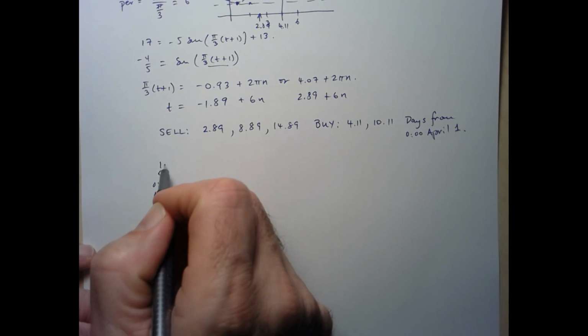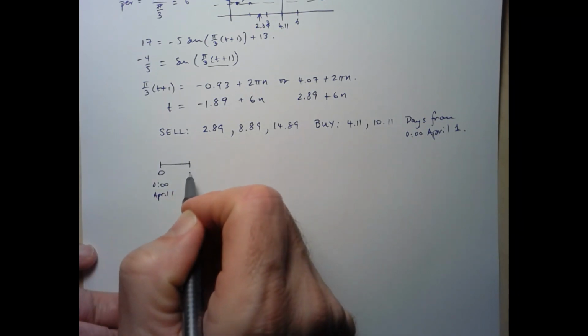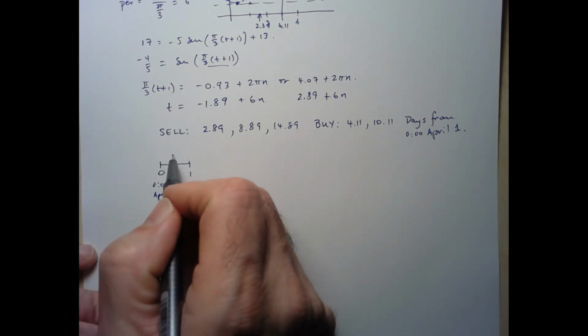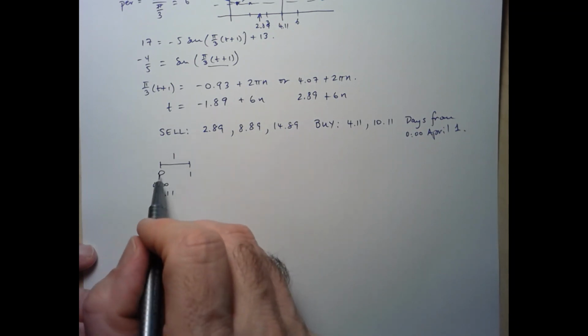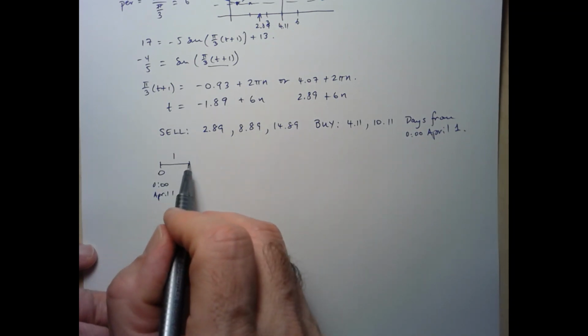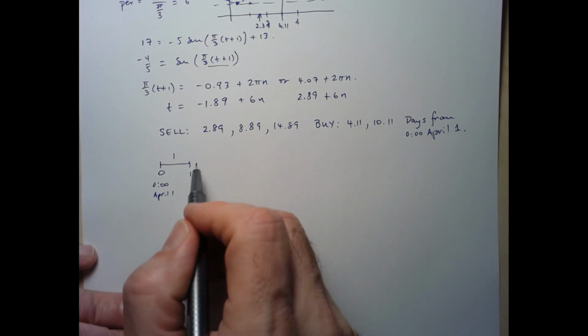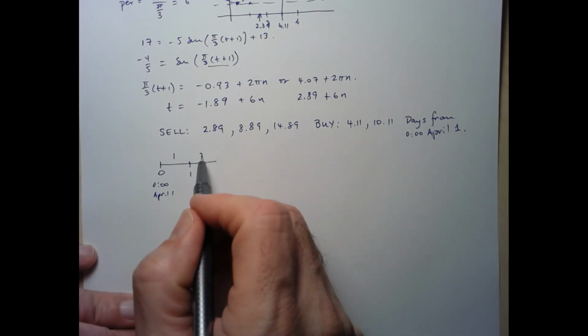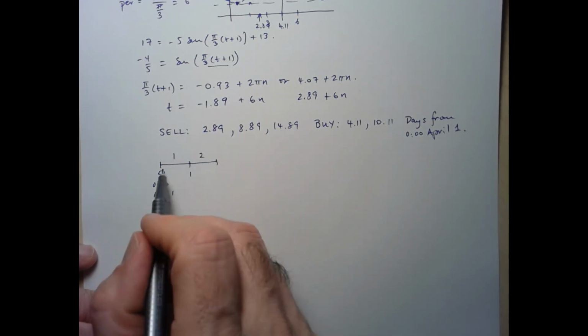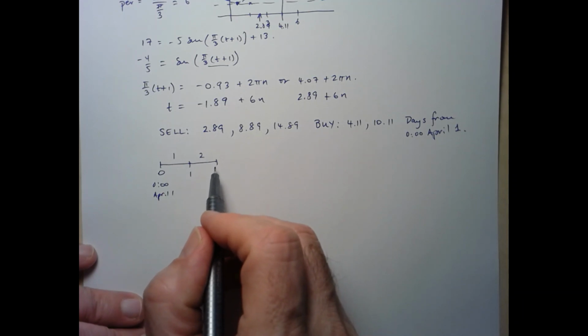So if I start here, 1 actually represents, remember, all of this represents April 1st. So when I get to 1, I'm actually at the end of April 1st and going into April 2nd. So then this is April 2nd. When I get to 2, I finish the first 2 days of April.